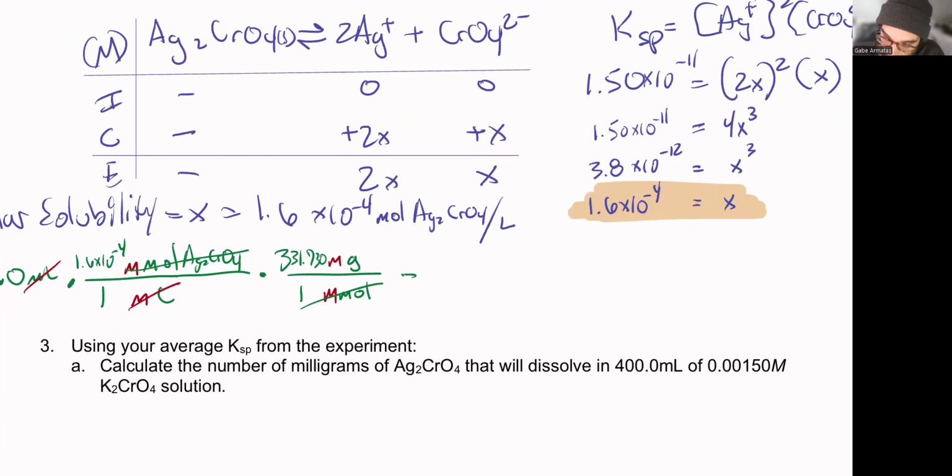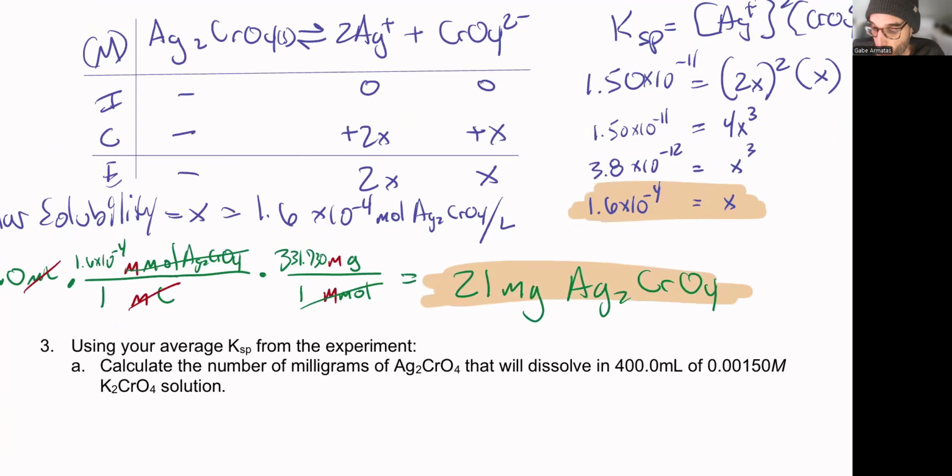Do the math, and around 21, looks like I just did two sig figs, 21 milligrams of Ag2CrO4. That is how much should dissolve in 400 mL. So the idea here is we are simply saying, how much molar solubility do we have, but we only have 400 mL.